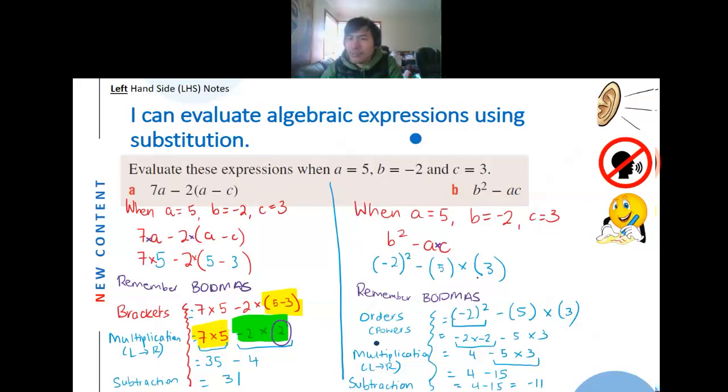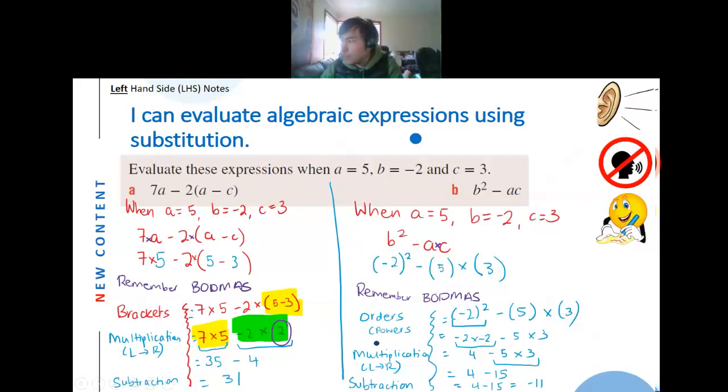And this is very important when you put it into the calculator. Okay, because the calculator, even though it helps us, can make mistakes. So if you put it in the wrong way, then it will give you the wrong answer. And the reason for the brackets is to say, hey, I am squaring the whole -2.